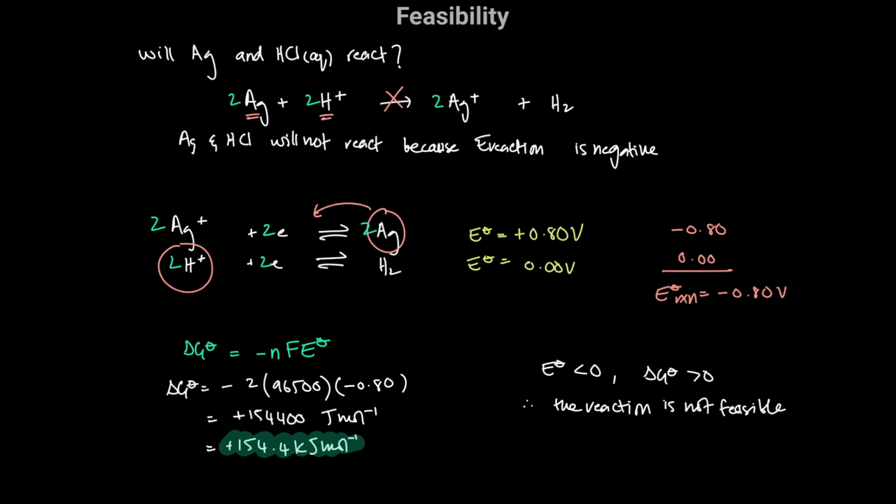All right. So now let's find the standard Gibbs free energy change for the following reaction. The reaction that we have here is the reaction between acidified manganate and Fe2 plus. So we have MnO4 minus plus 8H plus plus Fe2 plus.